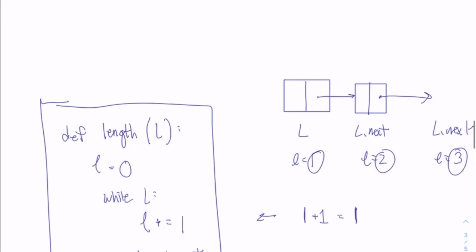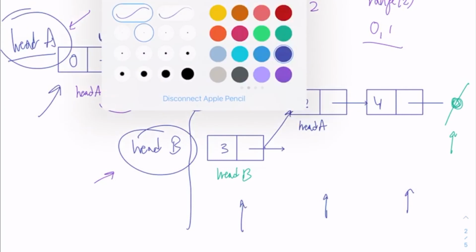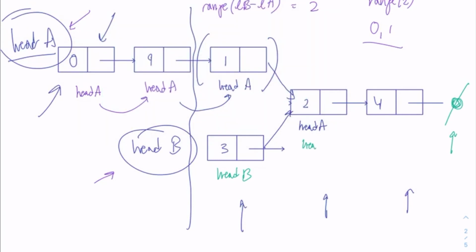So right now, head A and head B are not on the same node. So we have to have it so that head A is going to be on this node and head B is also going to be on this node. When this condition is met, when head A is equal to head B, then we can return this node since they're equivalent.